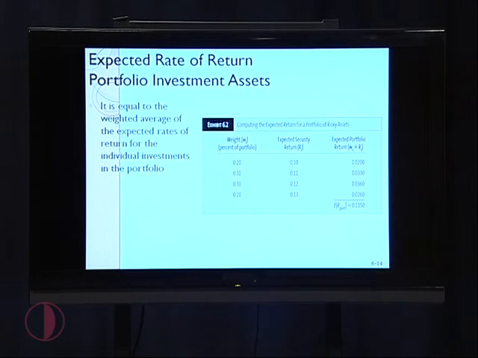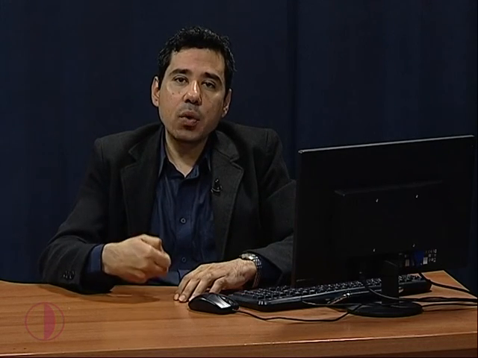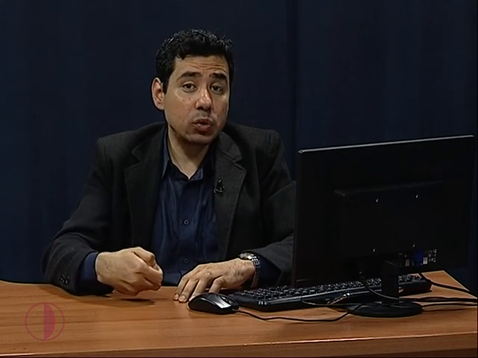So in this class, we understood the meaning of a portfolio, how to reduce the risk, and how to maximize the return by diversification. The relationship between the expected rate of return and the risk is very important to understand how to achieve the efficient portfolio.